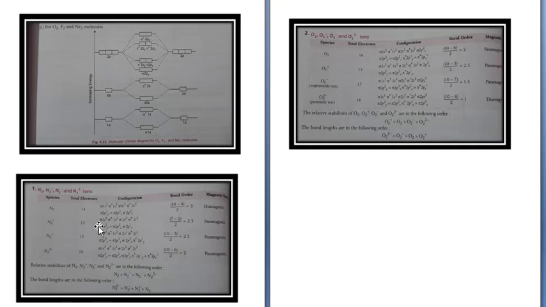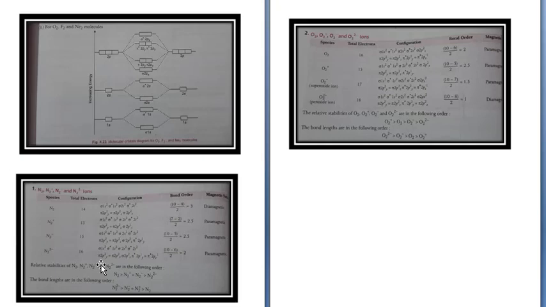Both with 2.5 means there is 1 electron which is unpaired, so the magnetic nature will become paramagnetic for both the cases. Now see, N2 2 minus, 2 extra electrons it has got. Both the electrons will go to anti-bonding orbital, pi 2p1y and pi 2p1z, because first all the orbitals with similar energy are filled with a single electron, and after that the pairing takes place.